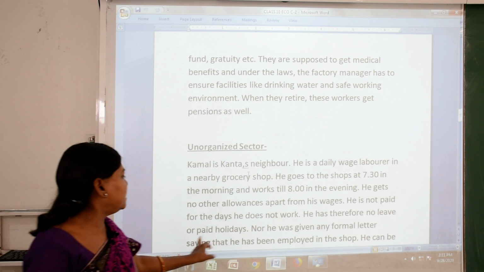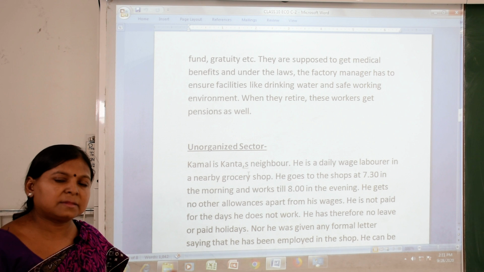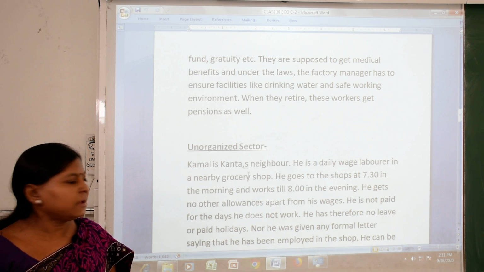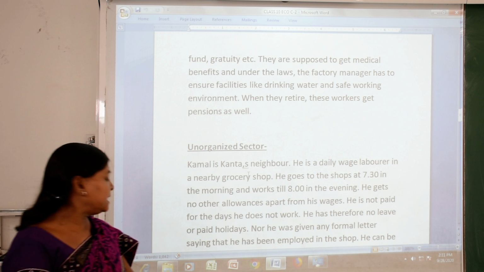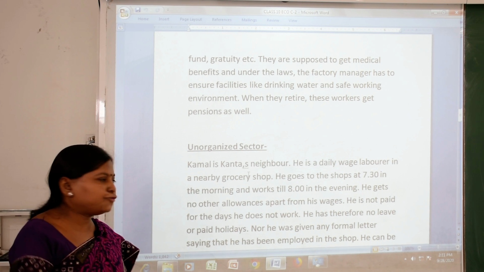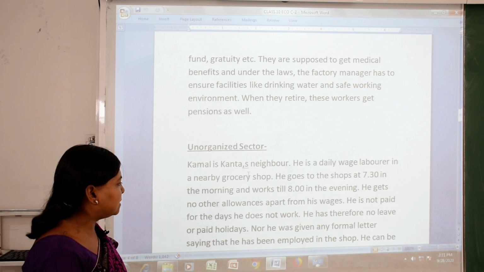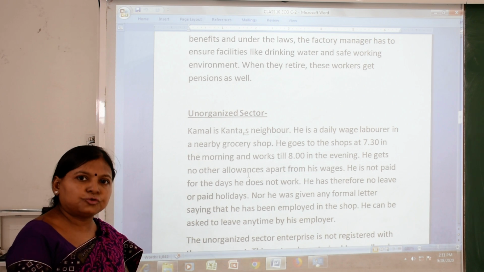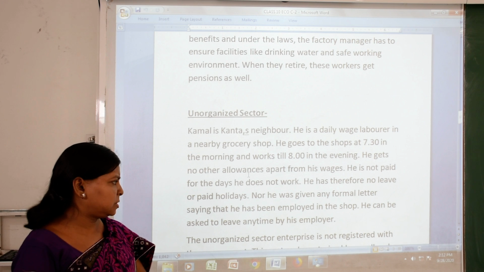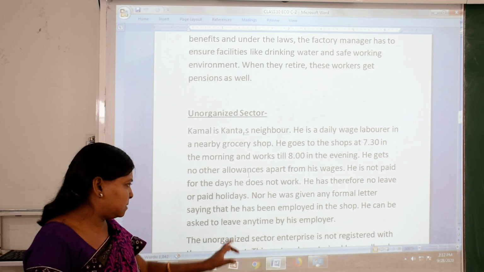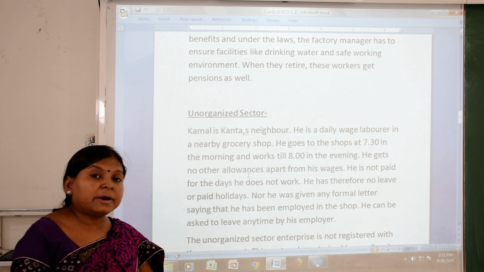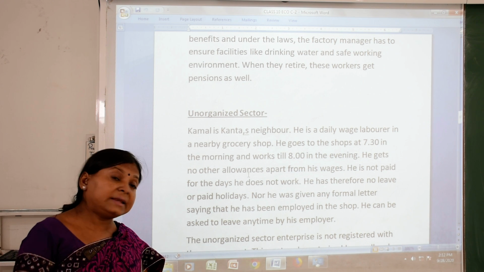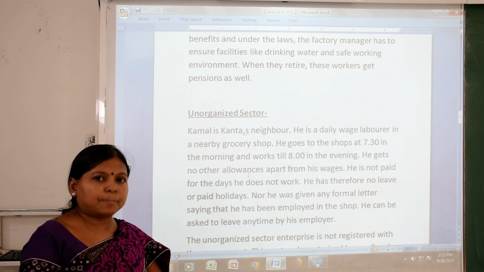He has no leave or paid holidays, which means the whole week he has to work. Nor is he given any formal appointment letter when he goes for the job, saying he is being employed in the shop. It is only an oral conversation. And there is no job security. He can be asked to leave anytime by his employer.